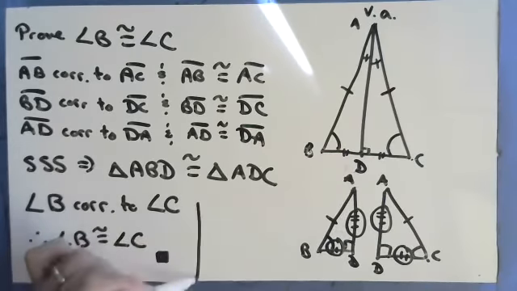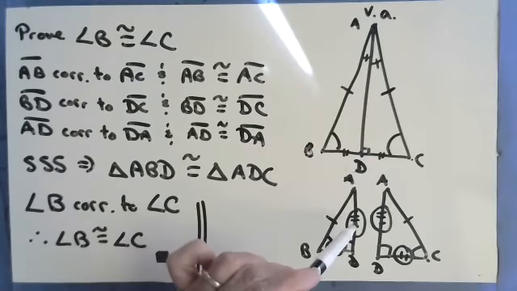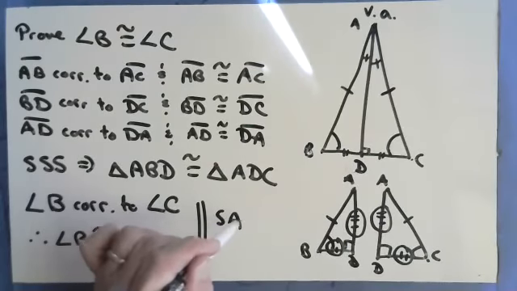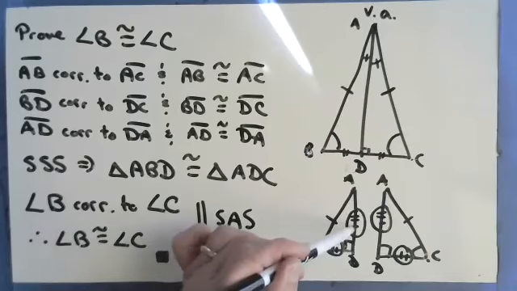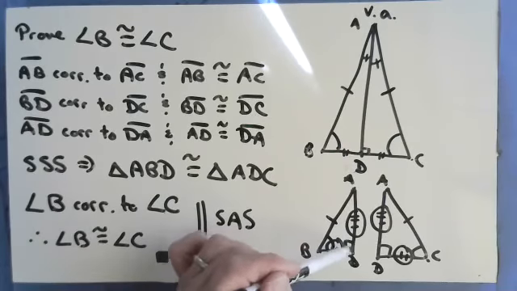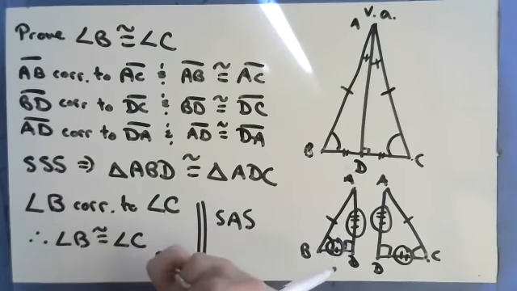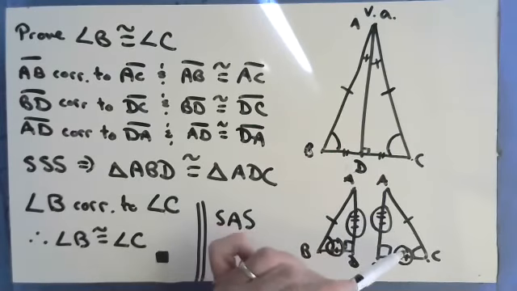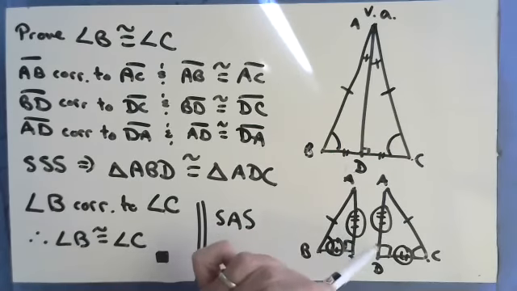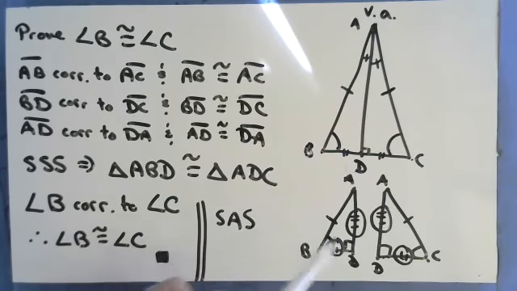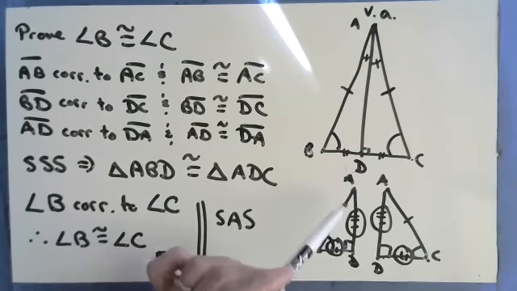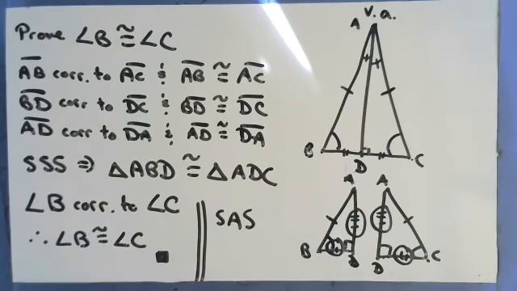And this is true because of side angle side. We have a side, and the included angle is the right angle, and we have the side. And so by SAS, or by that property that we talked about earlier, the right triangles are congruent, and therefore their corresponding parts are congruent. So there you have it.